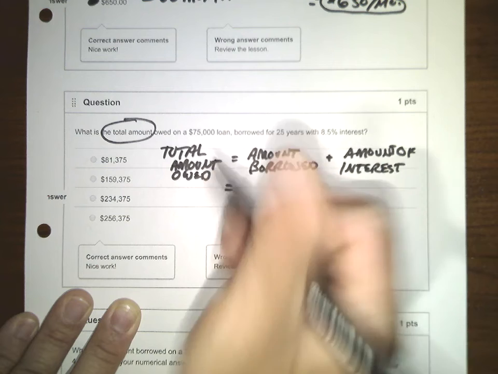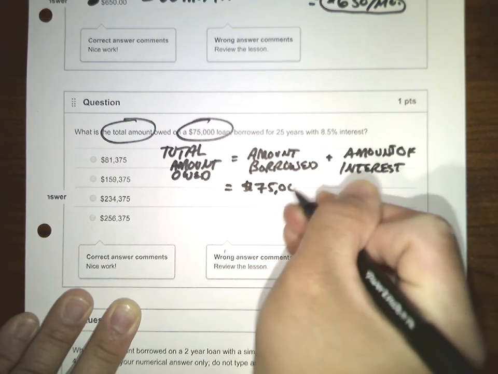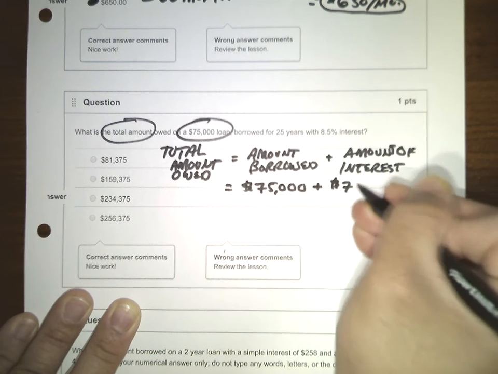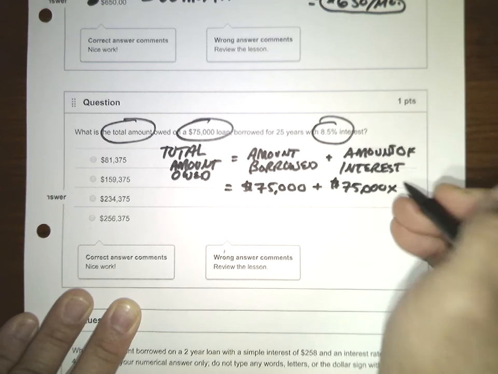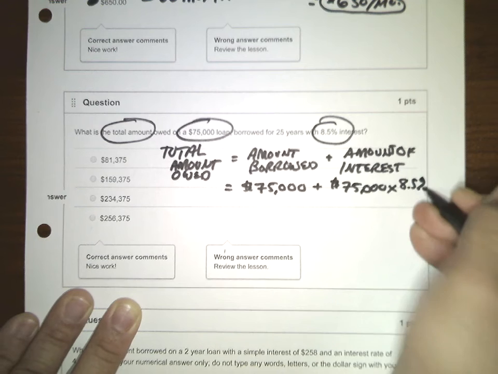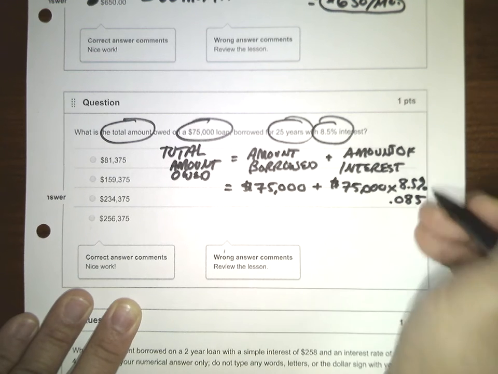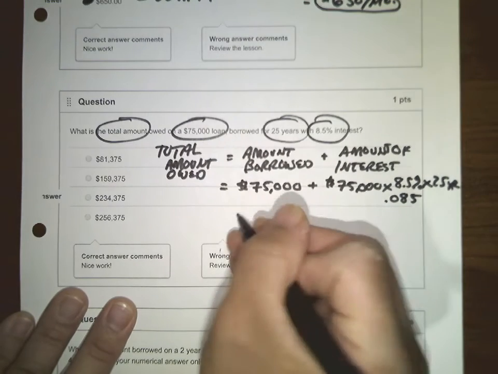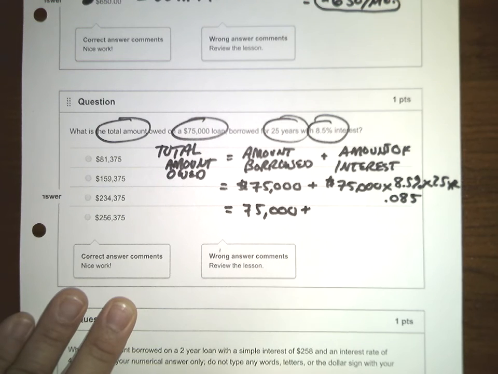So I know that this person borrowed $75,000, and the amount of interest will be the original amount borrowed times the rate as a decimal. So 8.5% is actually 0.085, and then times the number of years, so 25 years. So what do you have here? Well, 75,000 plus 75,000 times 0.085.